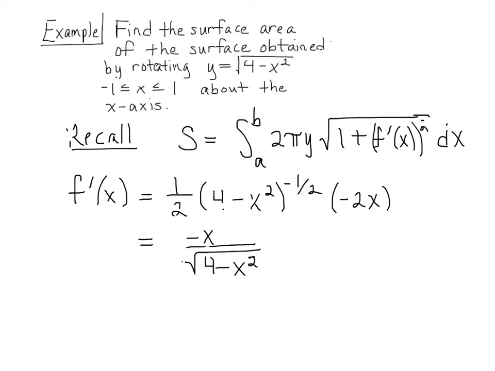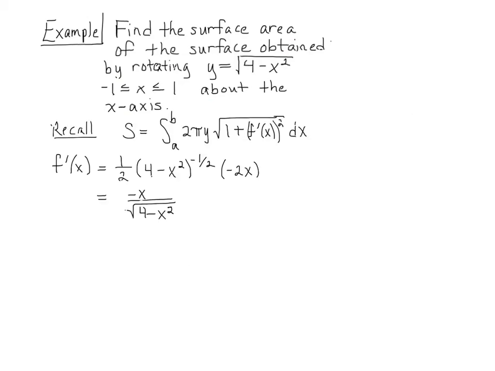Now we use this in our formula. We know that y is the square root of 4 minus x squared, so we substitute that in for y.